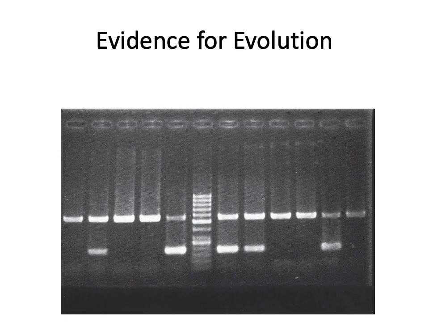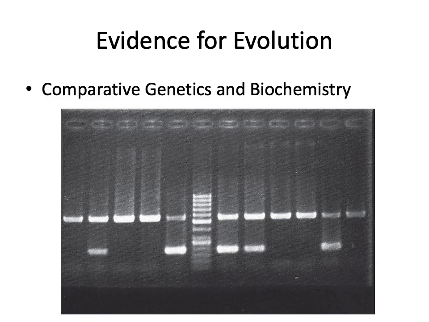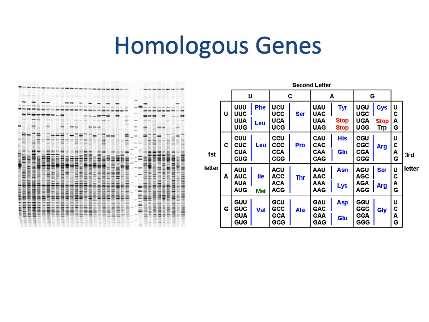We can also compare our biochemistry and our genes. And the more closely related we are, the more genes we have in common, the more our DNA looks alike. We have similar DNA.